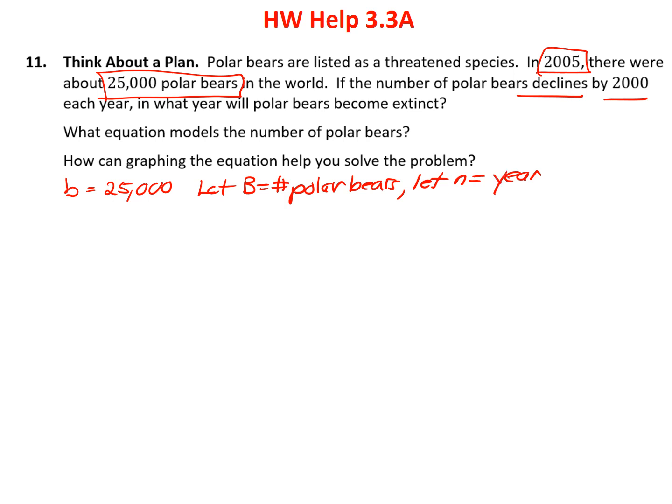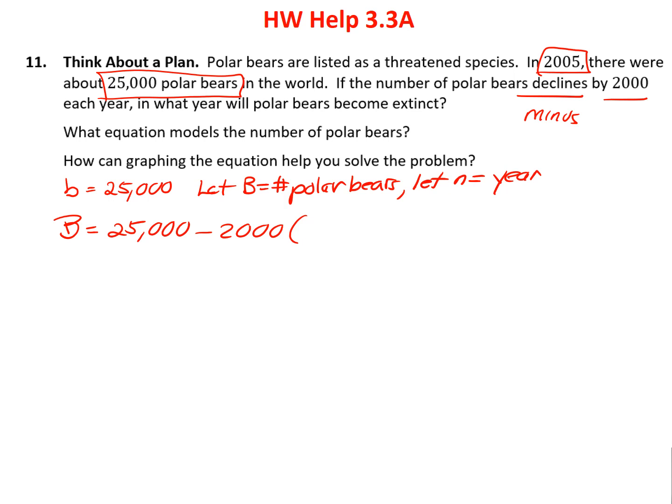So what we want to realize is that when n is 2005, how does that become 0? And here's how I'm going to do that. My equation is going to be the number of polar bears starts off with 25,000, and then we decline. So decline means minus. I'm subtracting 2,000 every year. Now if I want to know what year it is, for example 2005, I want this to be 0.